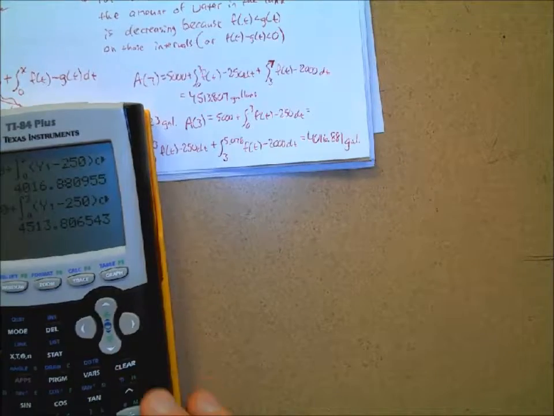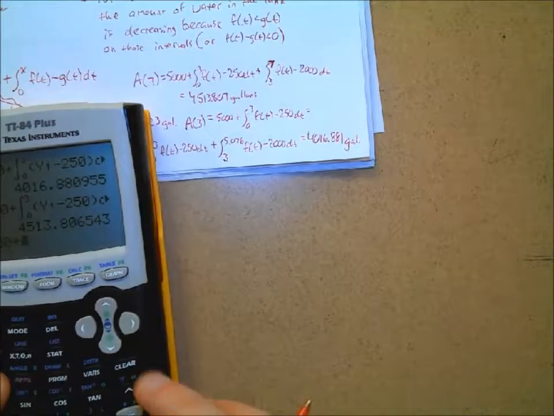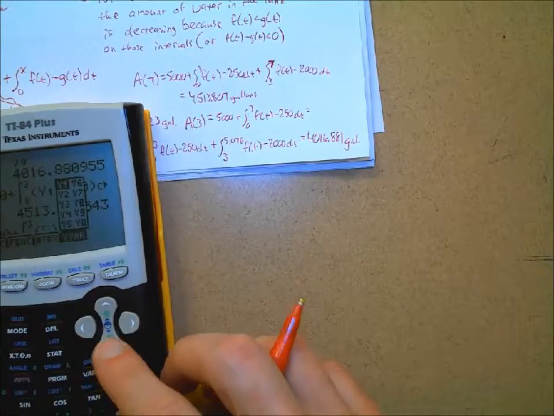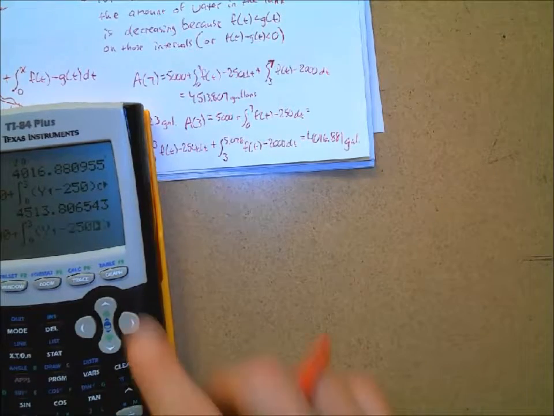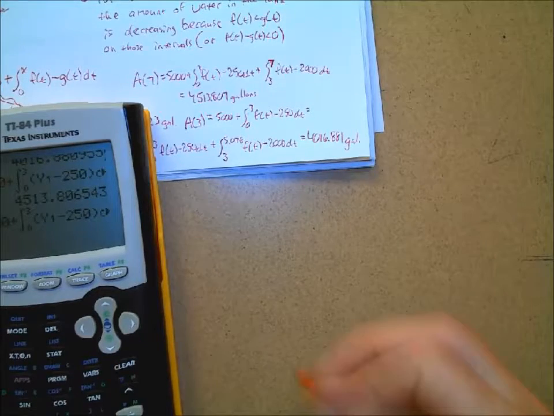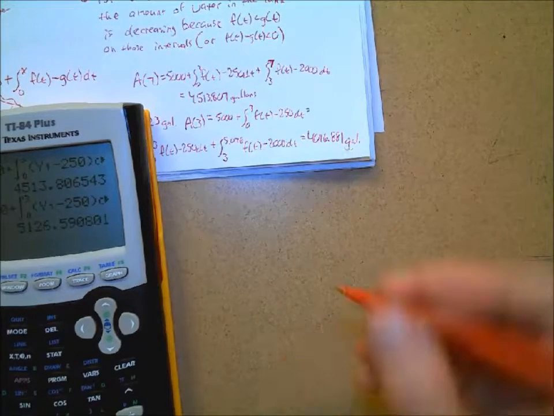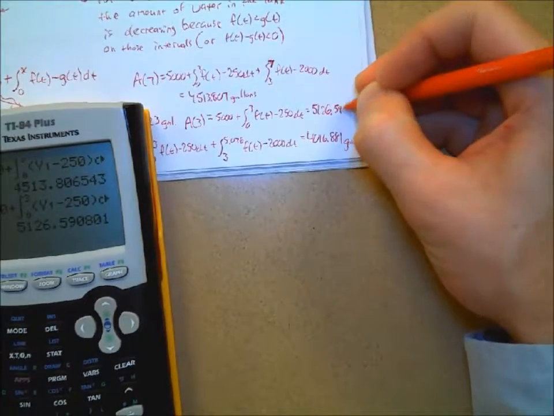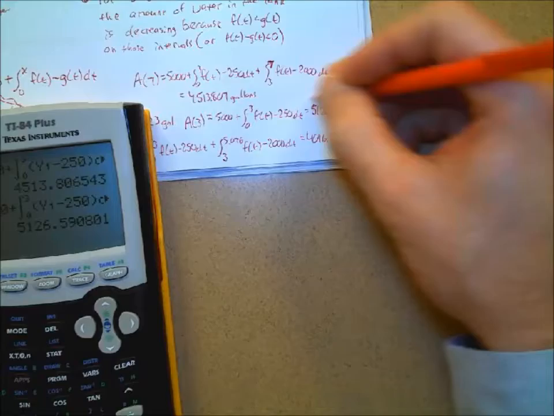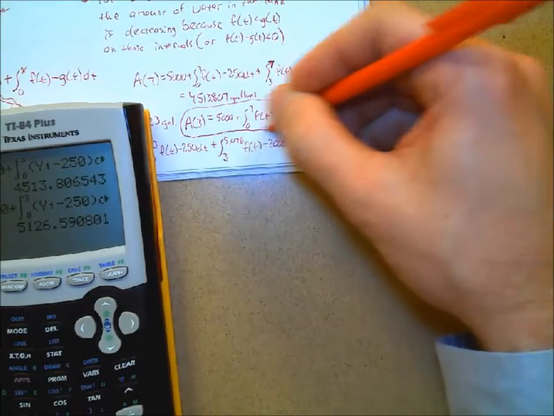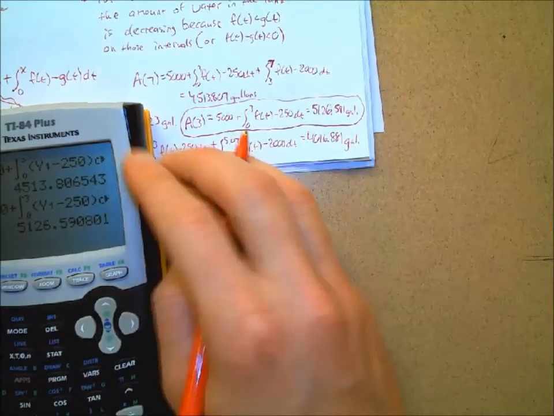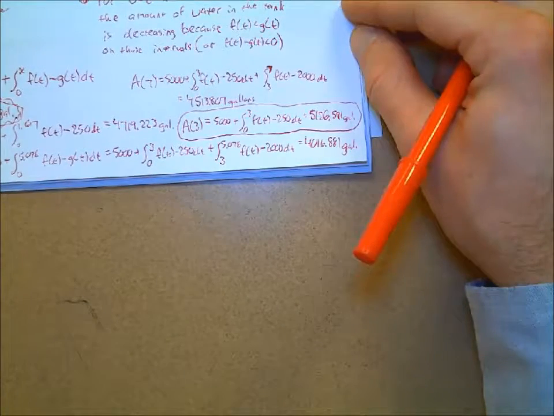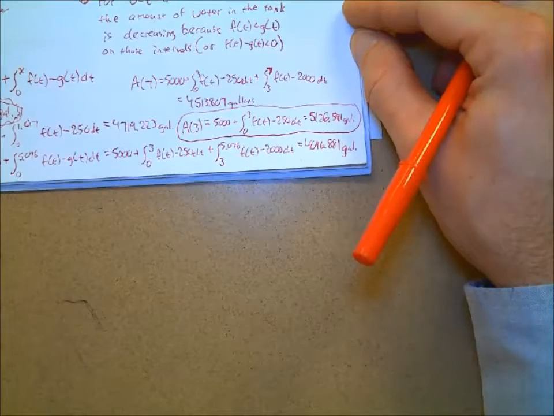So 5,000 plus math 9, integral from 0 to 3 of y1 minus 250. And there it is: 5,126.591 gallons. That would be our answer there.